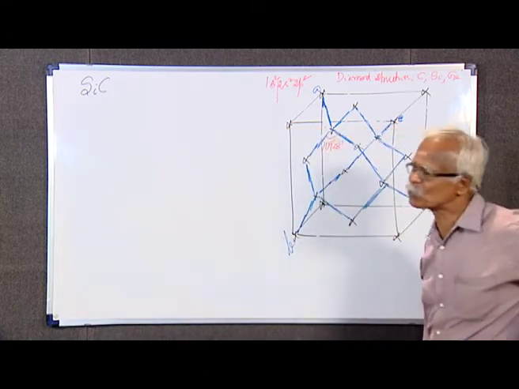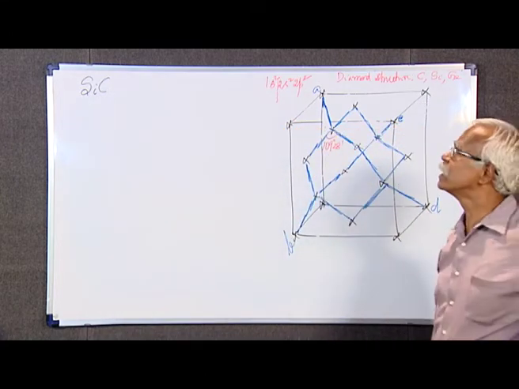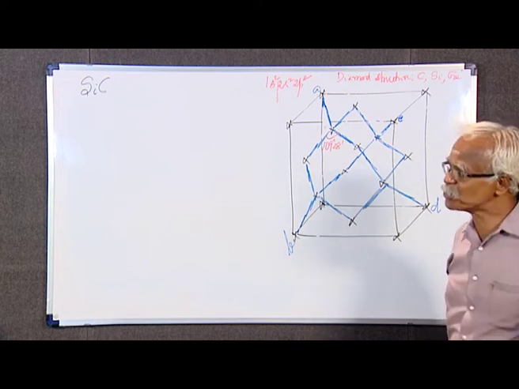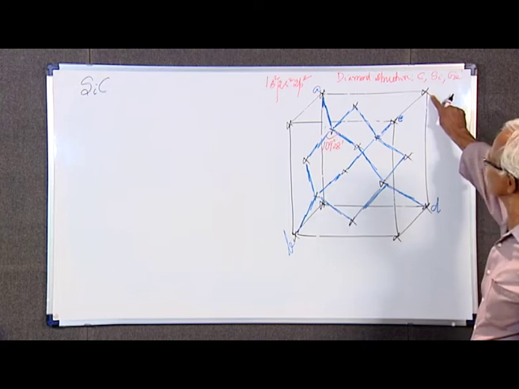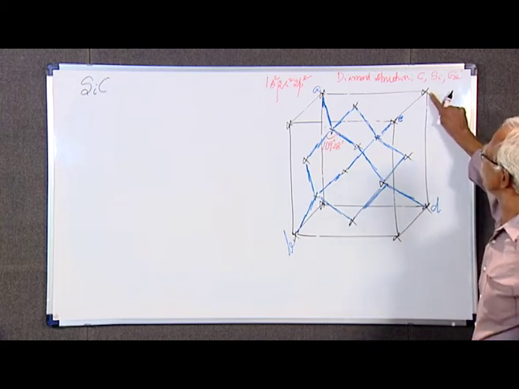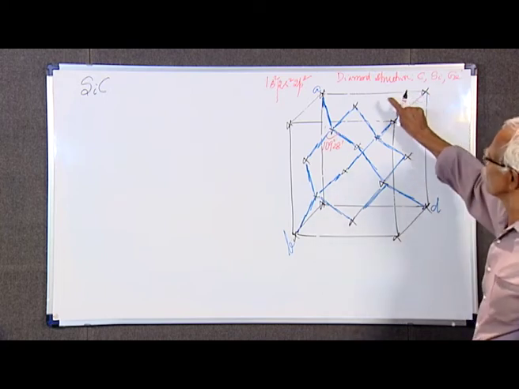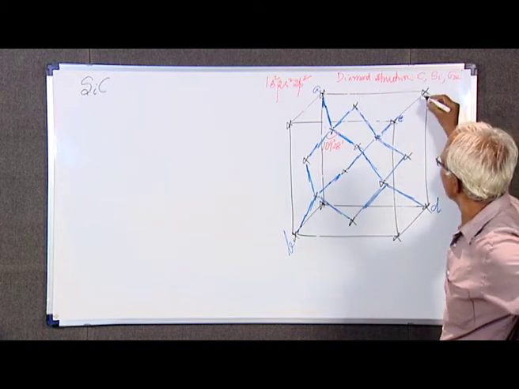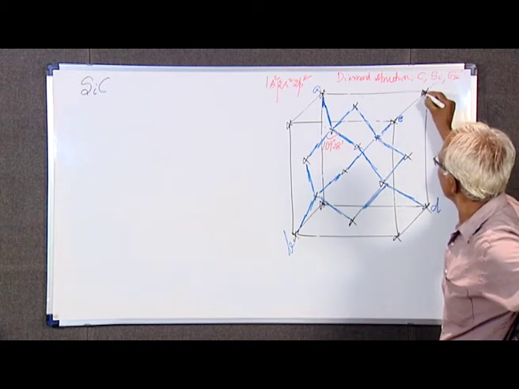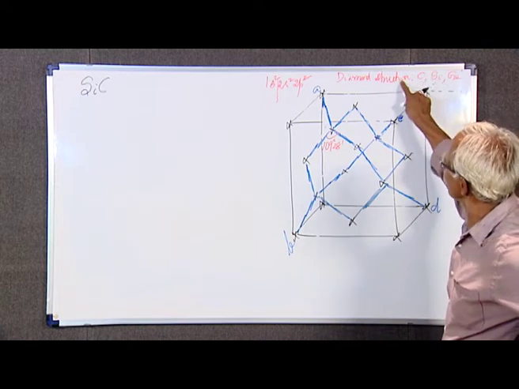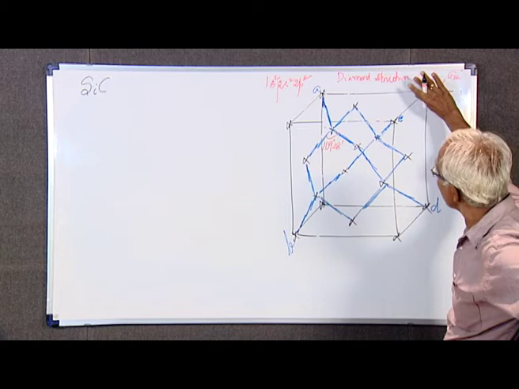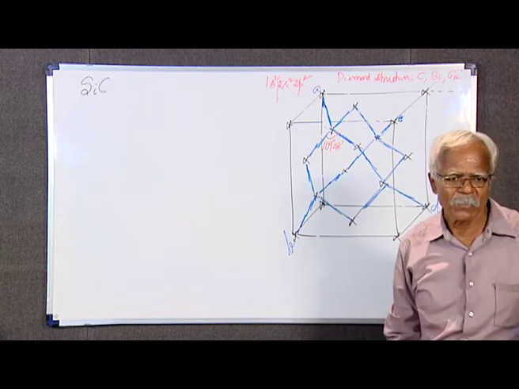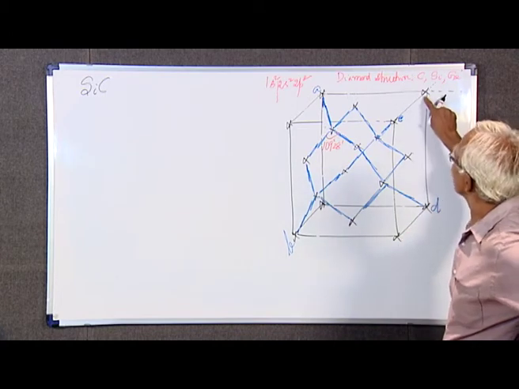You know that each corner atom is shared by 8 cubes. See, this is shared by 1, 2, 3, 4 below and 4 above. This is a typical corner atom.